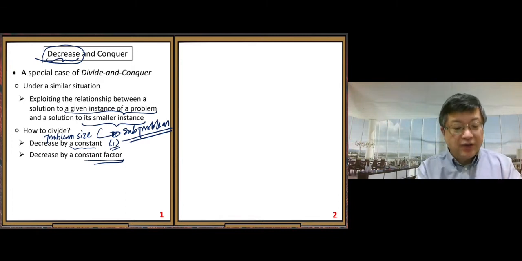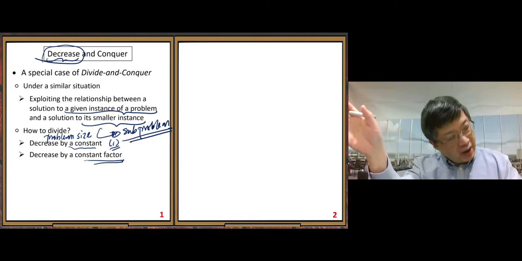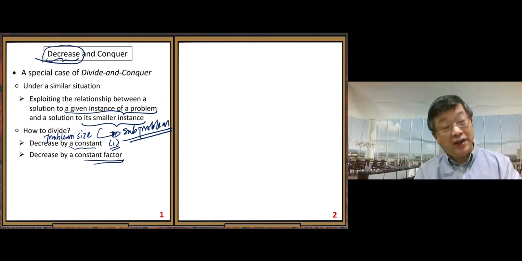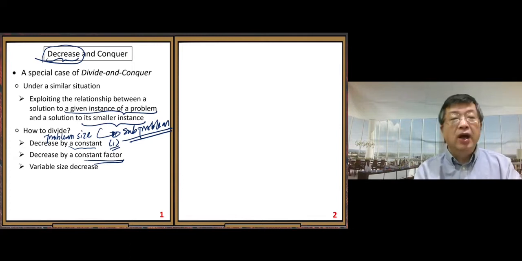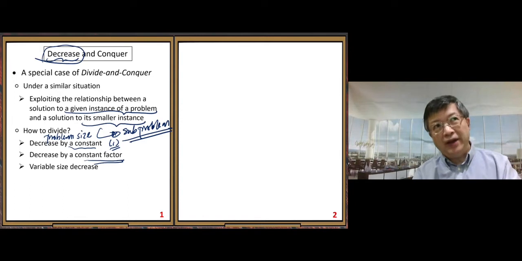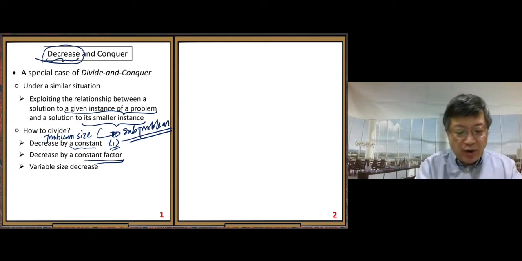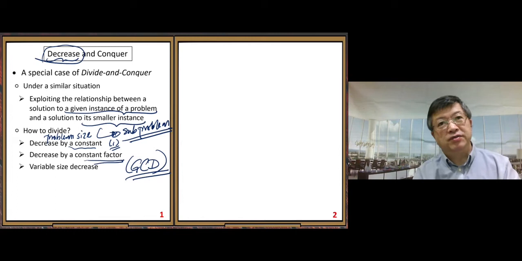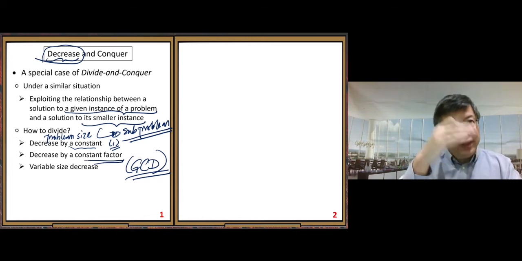So that's the difference. Another case is variable size decrease. We learned that. Remember our GCD problem, greatest common divisor. So typically, these are the cases.